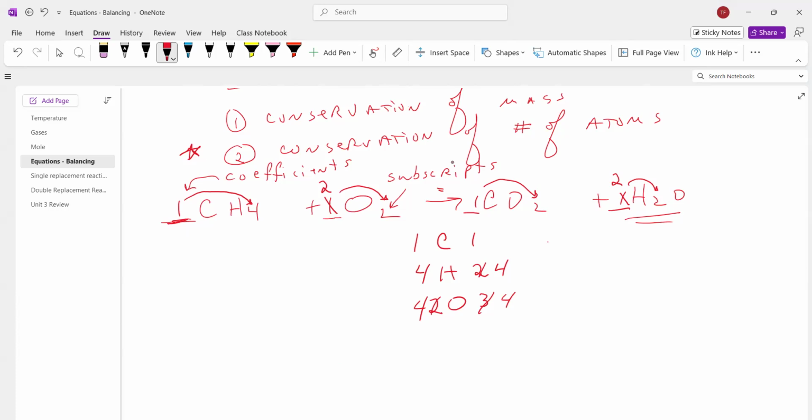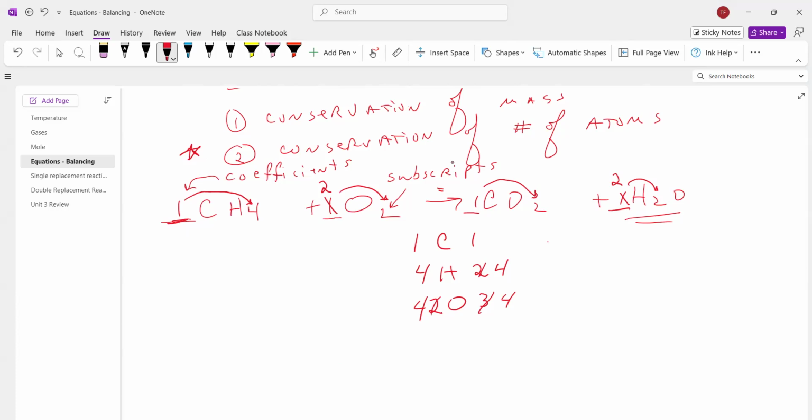In your next class, depending on who teaches it, you may or may not be given the reaction. You may have to figure out the reaction. Okay, and then you have to balance it. So that's step number one. If there's a chemical reaction, balance it. The rest of the stoichiometry, 3 more steps, depends upon step number one. So if you can't balance the equation, you get the whole problem wrong.